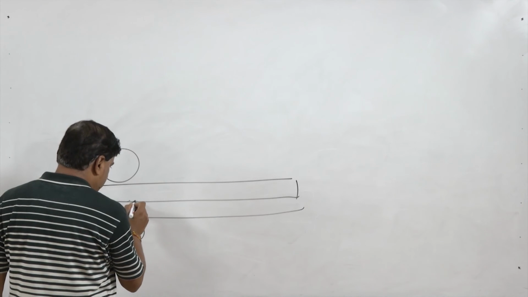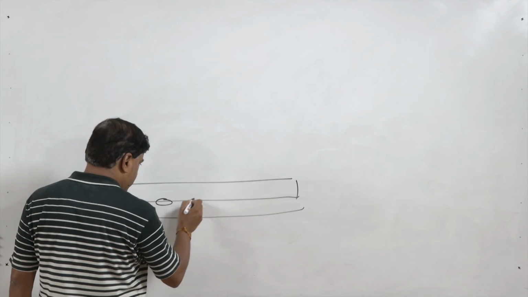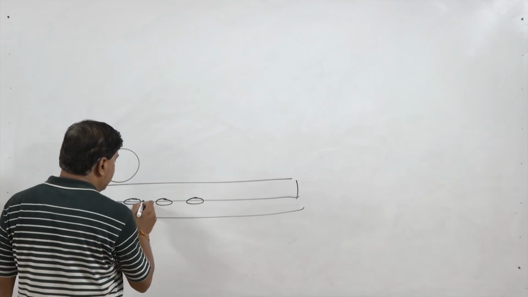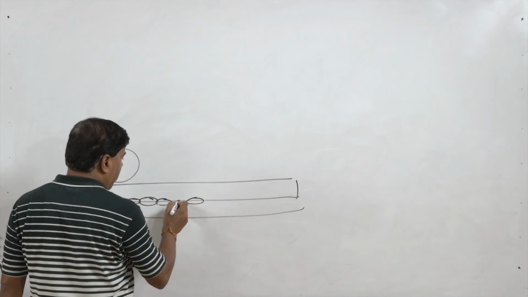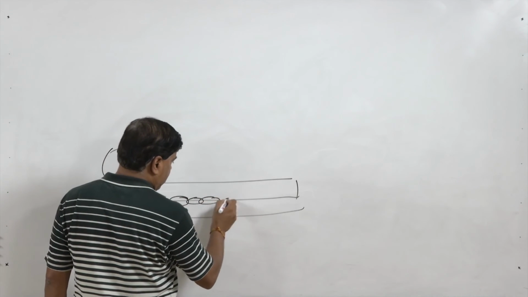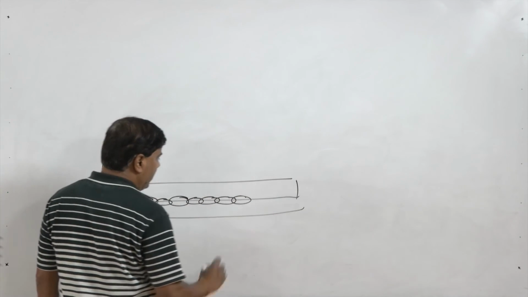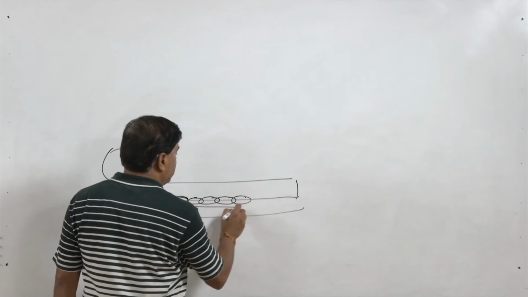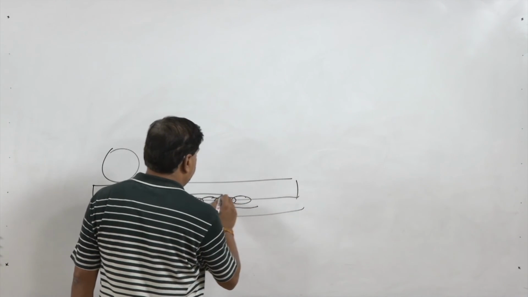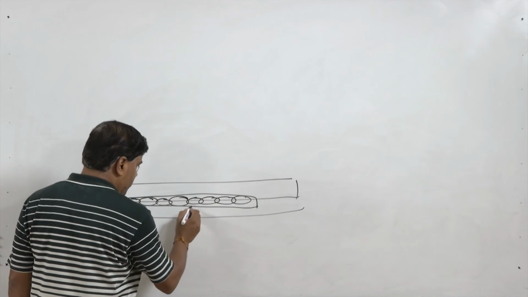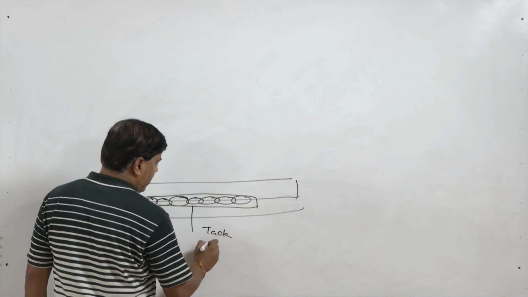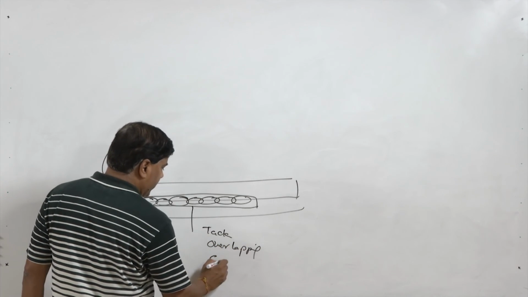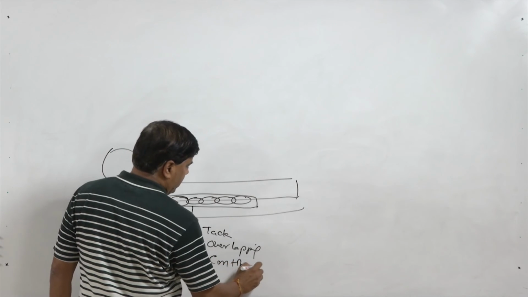The seam can be made like this: one spot, another spot, another spot, like tack welds, or in an overlapping kind of arrangement of tacks, or the weld can be made continuously rather than intermittent or overlapping. So there are three types: tack weld, overlapping, or continuous seam welds.